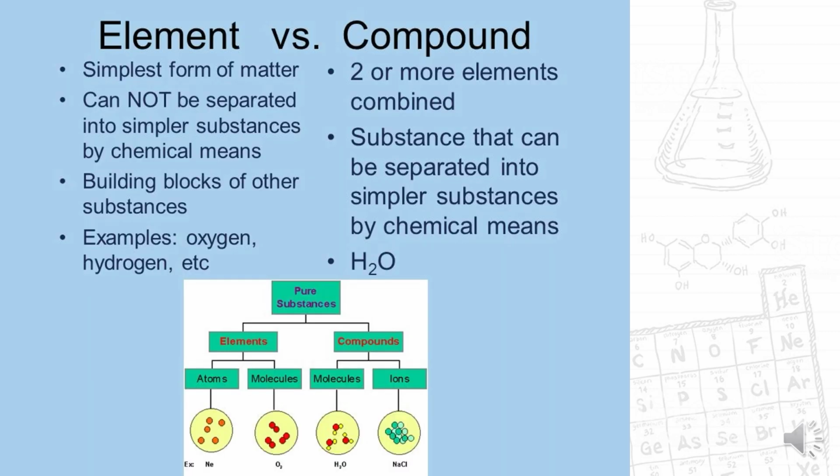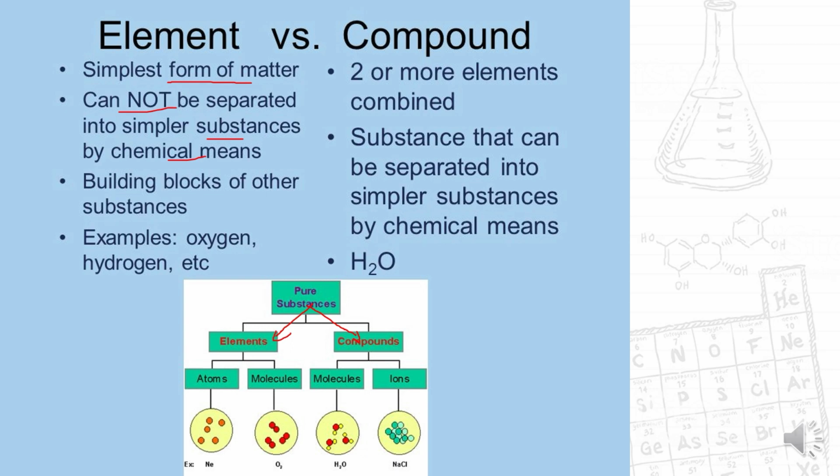As you have just noticed from the classification hierarchy, pure substances will either split into elements or compounds. So we are going to distinguish between elements and compounds. An element is the simplest form of matter. This is because an element is made up of a single type of atom. By definition, an element is a substance that cannot be separated or broken down into simpler substances by any chemical means.